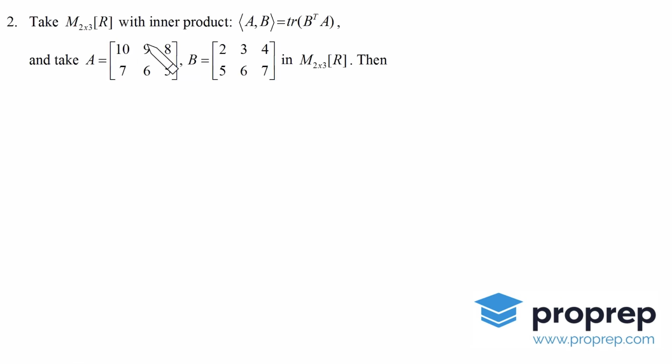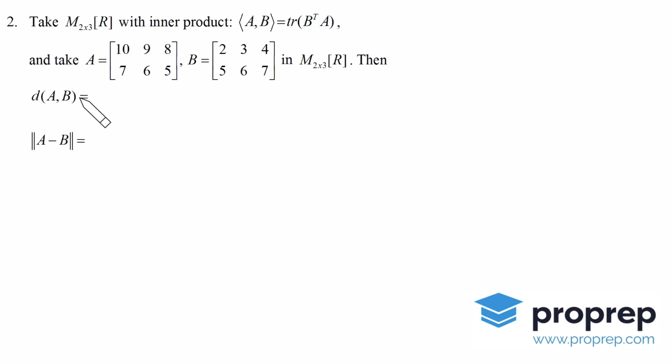Now example 2, where we have the space of 2 by 3 matrices and the inner product we've seen before: A times B is the trace of B transpose times A. Let's take our two vectors, which are actually matrices, to be this and this, and we want to compute the distance between them.